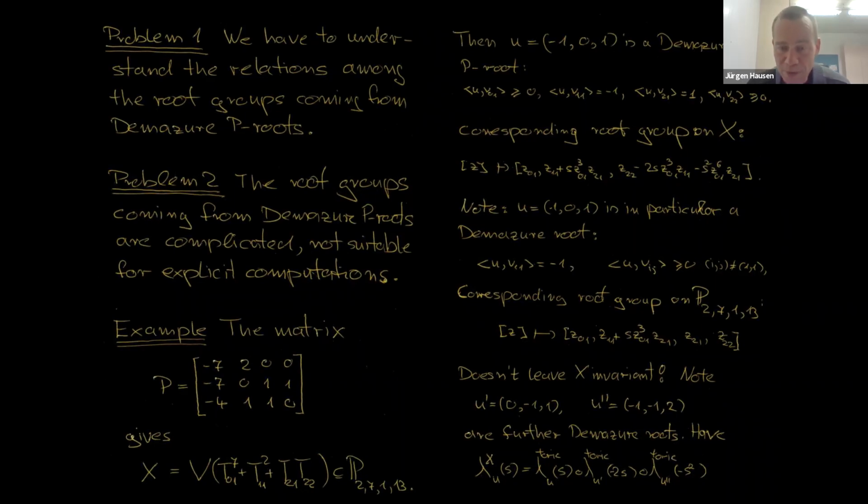That means that we have a way to put our nasty root group into some pieces. These pieces do not leave our X invariant, but we can compute with them. So this is one of the main tricks.